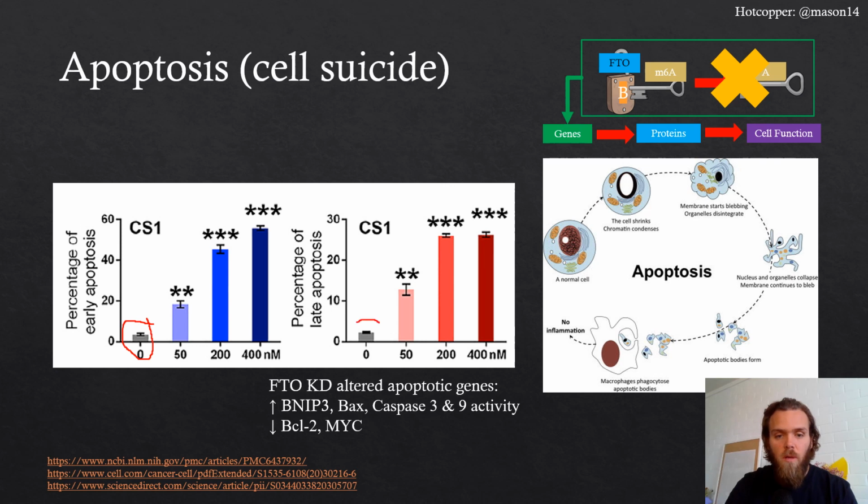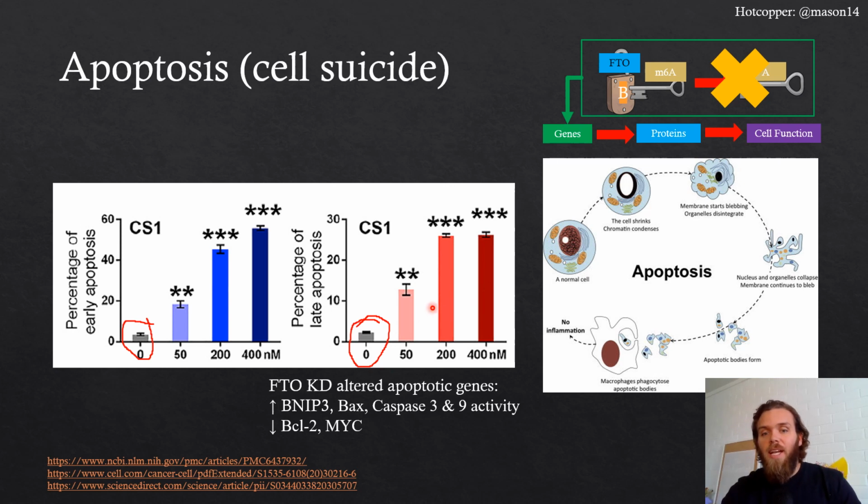And what's happening is, if we look down at this chart down here, and I'll circle these. Oh gosh. What you'll see is this is the apoptosis, so cell suicide, this process here, and we have 0 bisantrene. You can see that there's not much apoptosis happening, and that's because the high amount of FTO is altering the genes to prevent the process of apoptosis, and it slows it right down.